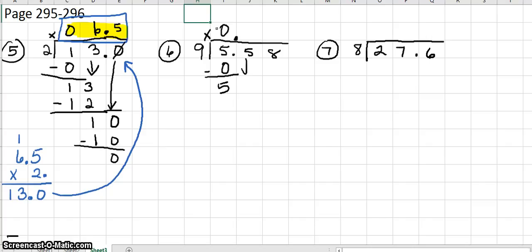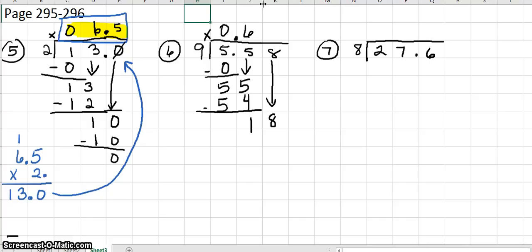I bring down my 5, ignoring the decimal. What times 9 will get me close to 55? Closest I can get is 6 times 9 is 54. And I subtract and I get 1. And I bring down my 8.